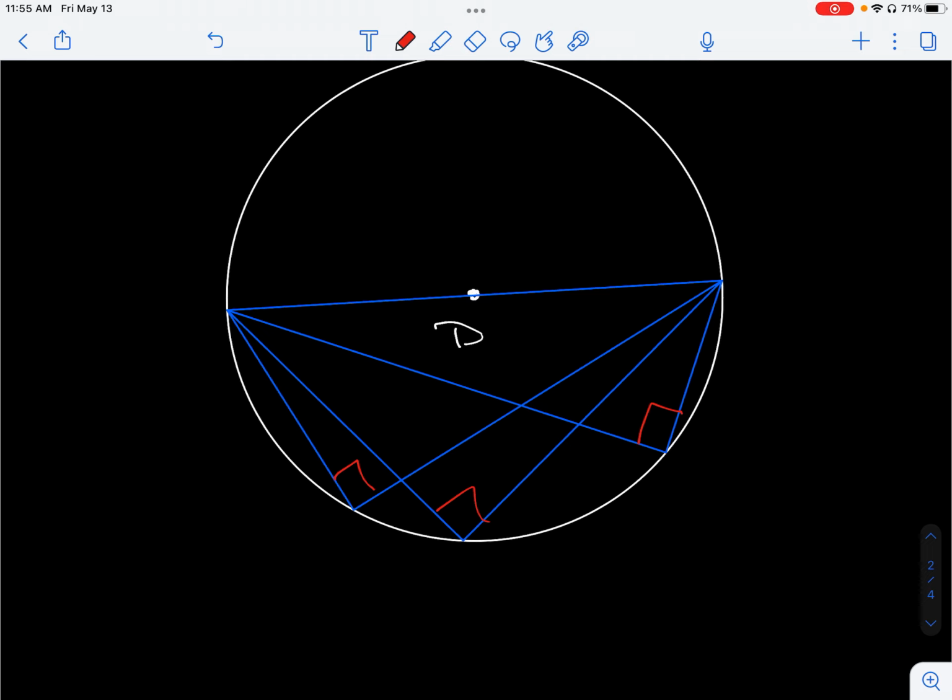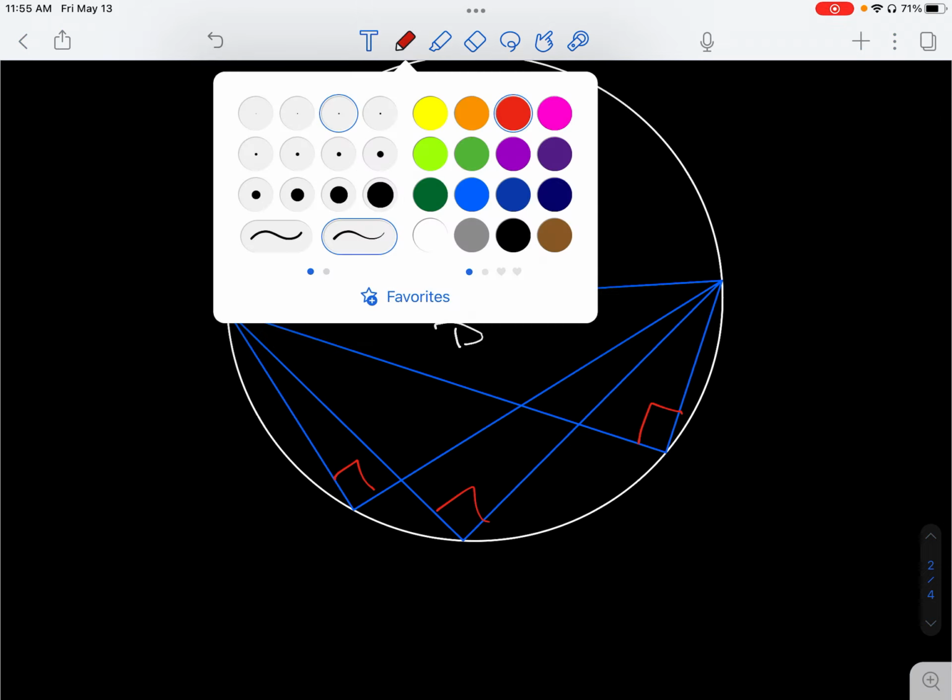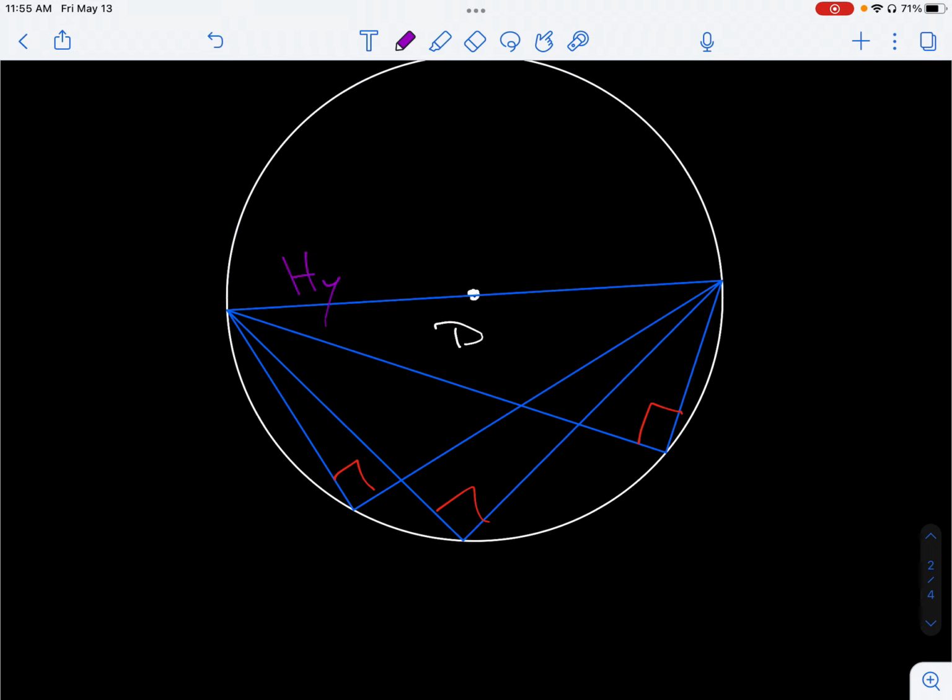If one of them is a diameter and it's inscribed, then we've created a right triangle. And the diameter is always going to be the hypotenuse. So since this is the hypotenuse, the right angle is always opposite the hypotenuse. And this makes sense because we know in a circle that the diameter is the longest segment possible inside of a circle.